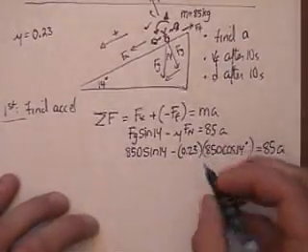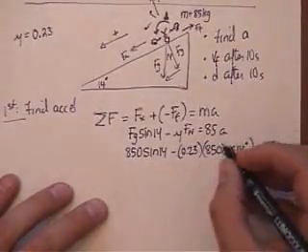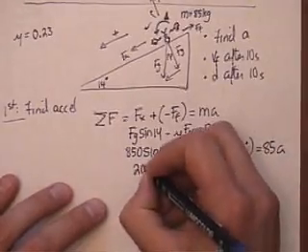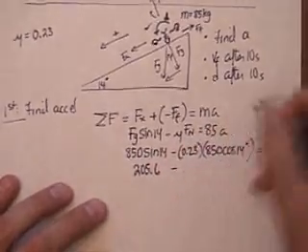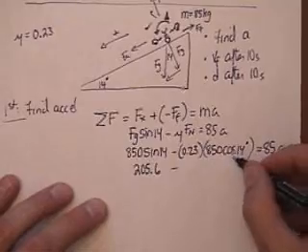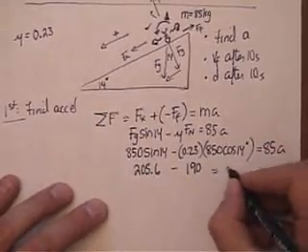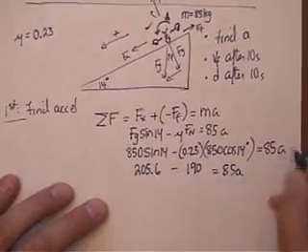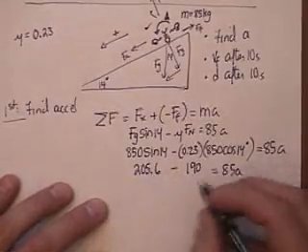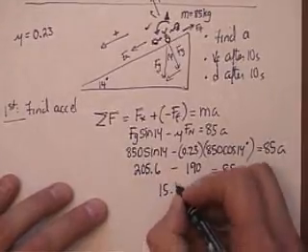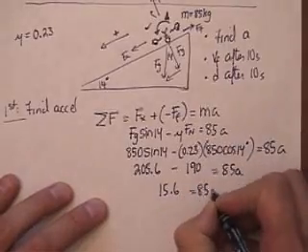Solve this all out. 850 sine 14 is 205.6. 0.23 times 850 cos of 14 rounds to about 190 equals 85A. 205 subtract 190, that's 15.6 equals 85A.